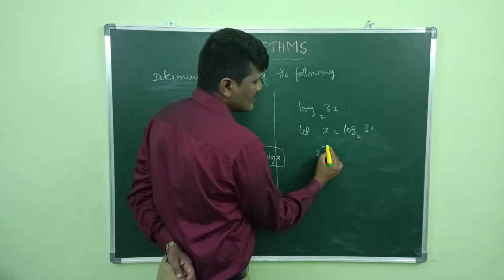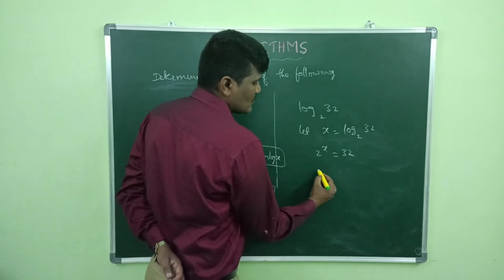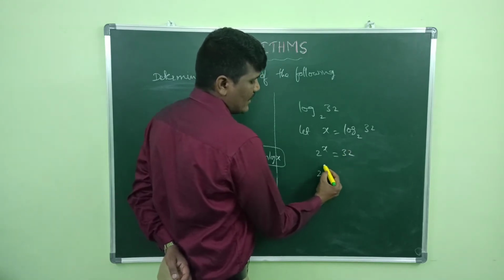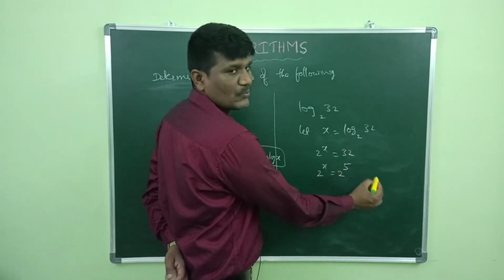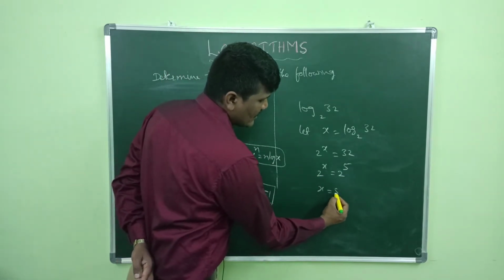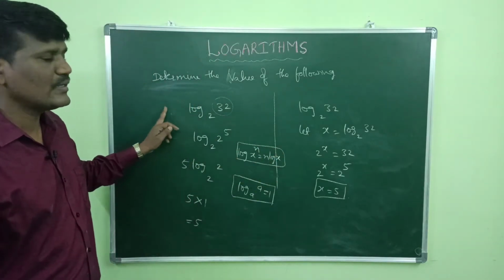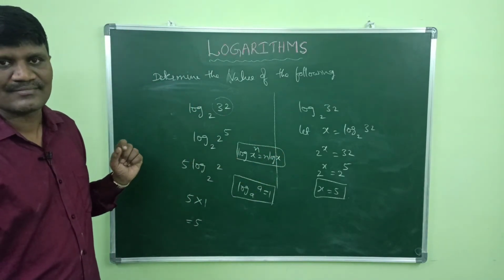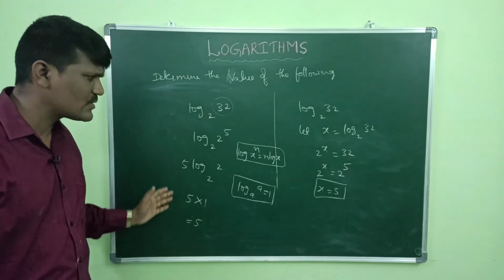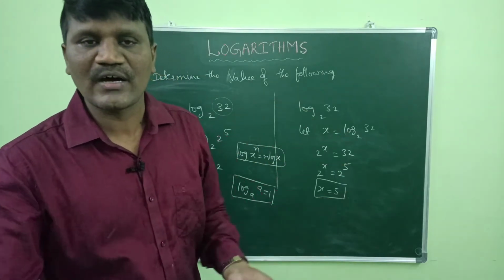So 2 power x is equal to 32. I can write 32 as 2 power 5. If the bases are equal, the powers are also equal. So x is equal to 5. So both ways I got the value 5. Either you can use this method or that method, based on the requirement.